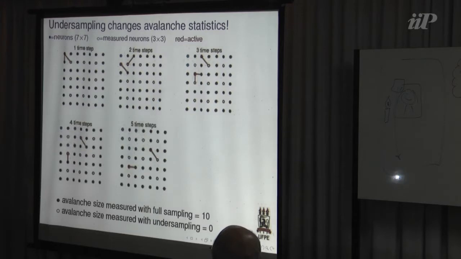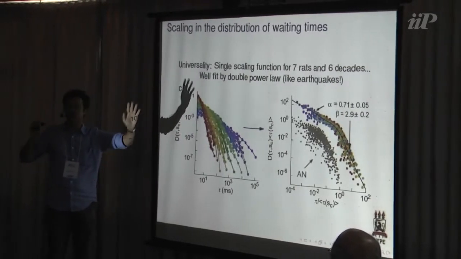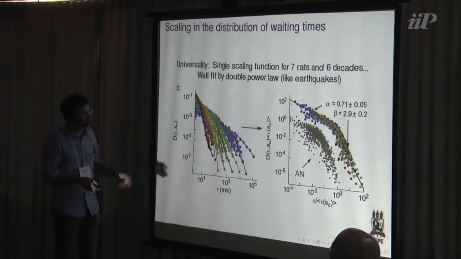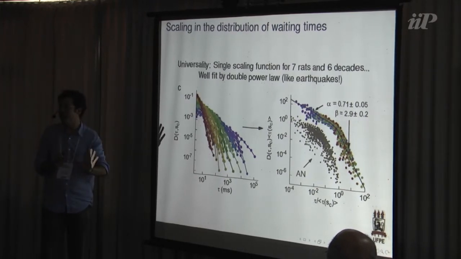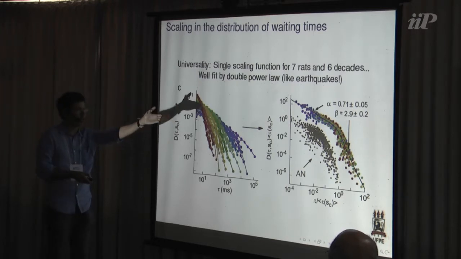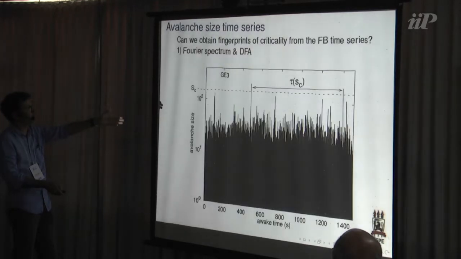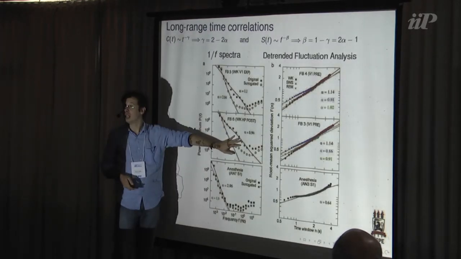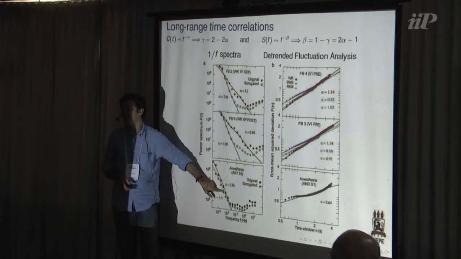Essentially, I can summarize like this. Let's call it time domain data. In time domain results, the freely behaving animals have signatures of criticality: nice scaling, also this 1/f spectra. Whereas anesthesia, I didn't show you, but it doesn't have 1/f spectra.